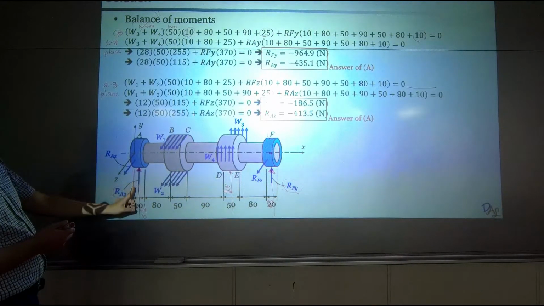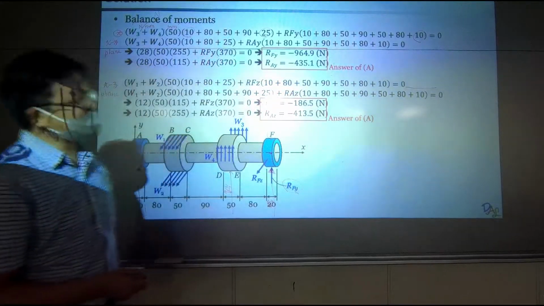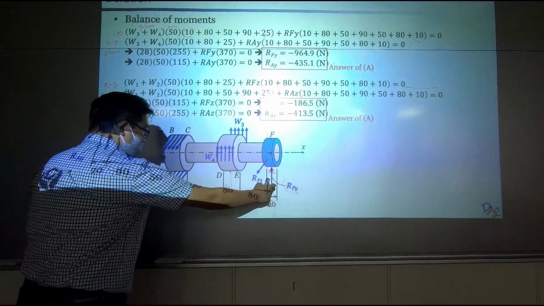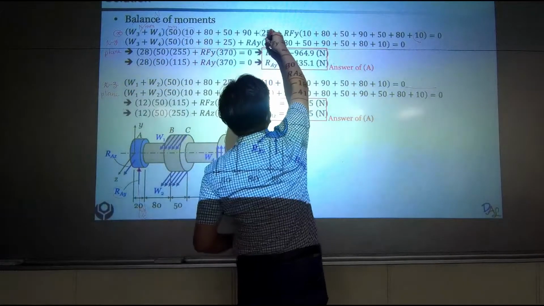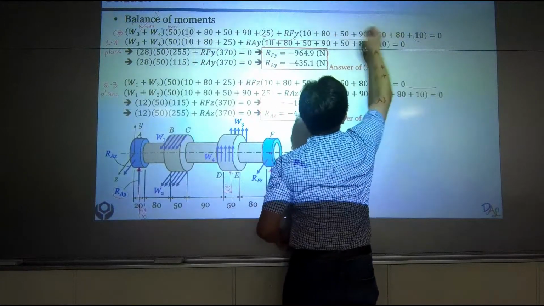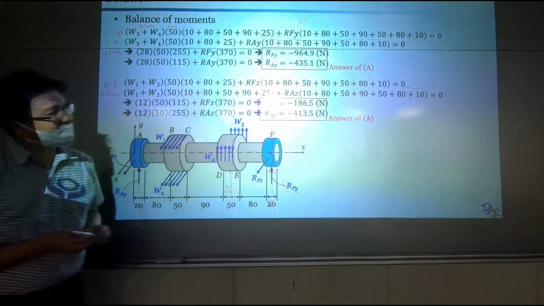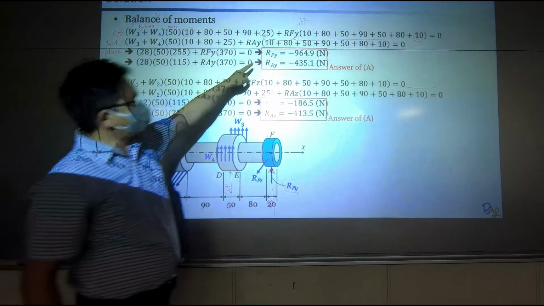It was drawn facing up, so it's also having a clockwise moment. So use RAY multiplying the distance between A and F. This is the distance between A and F, right? So by solving those two, you can get these two numbers.